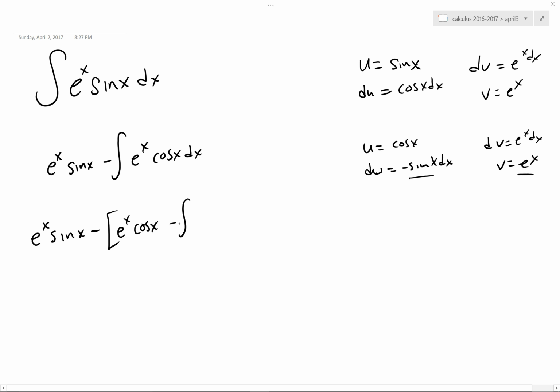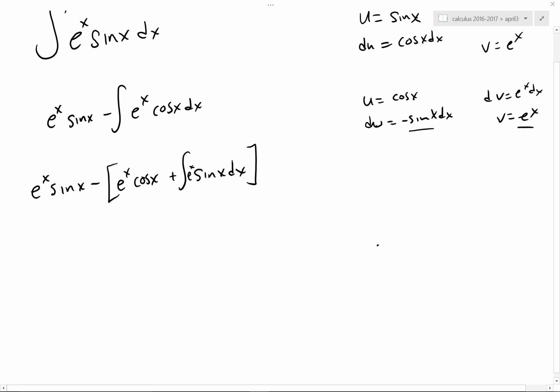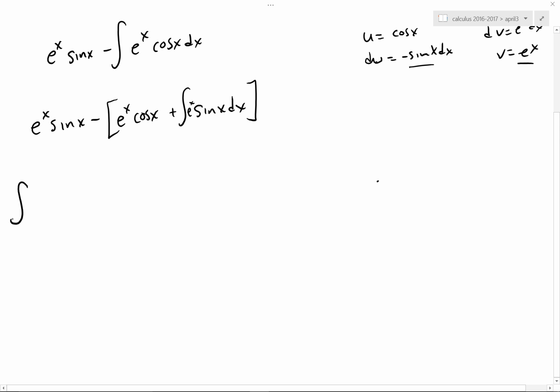There's another negative here, so I'm going to bring that out. Oops, there's an e to the x. Now, remember, this is what we were trying to find. We were trying to find this guy, right? So it's still on the other side. This is what we're trying to find the antiderivative of. So let's distribute this negative through.